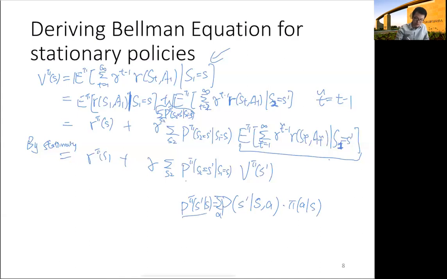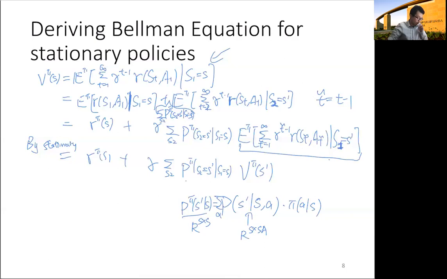This is an S by S matrix and this is an S by SA matrix, and essentially we marginalize out the action.